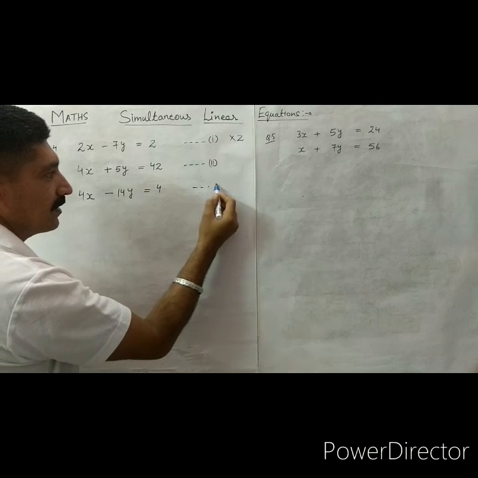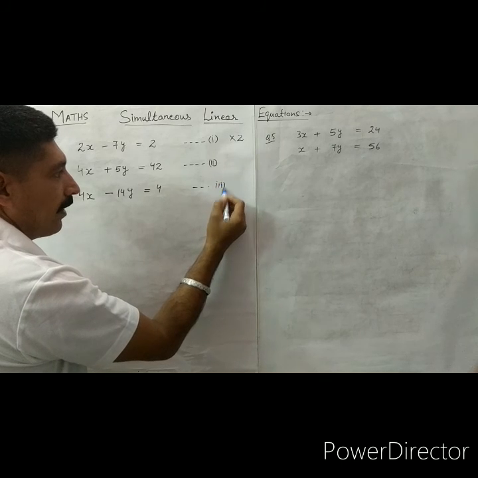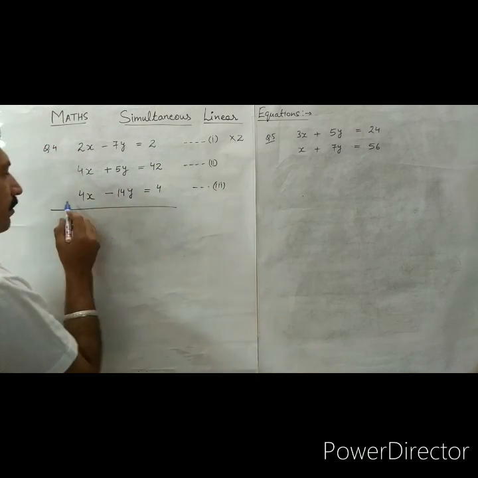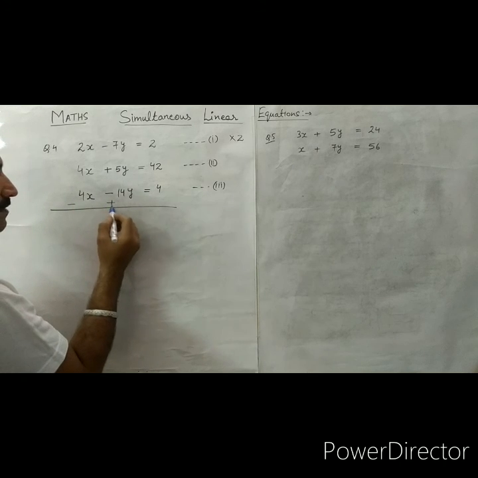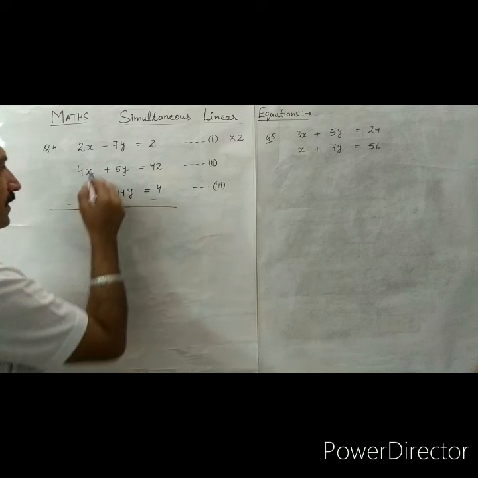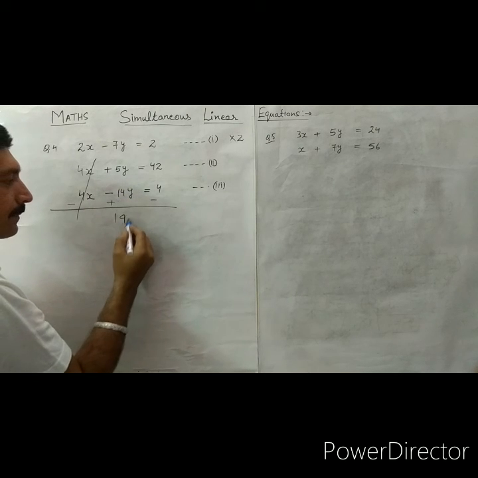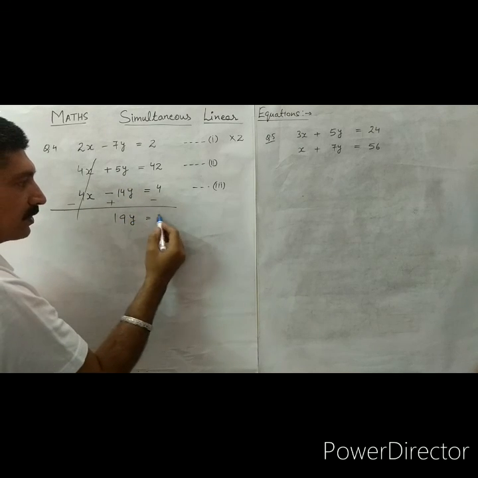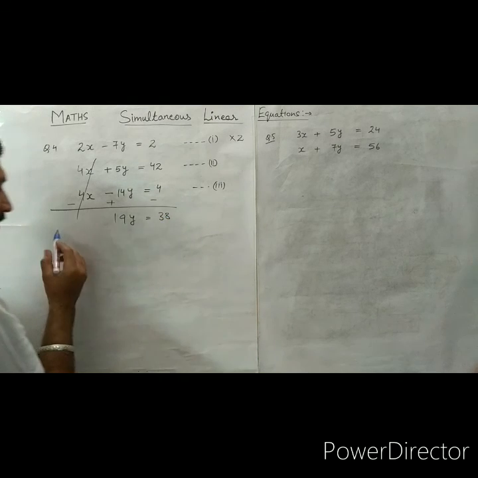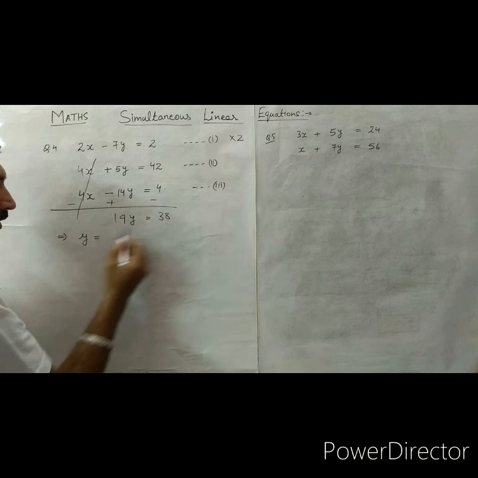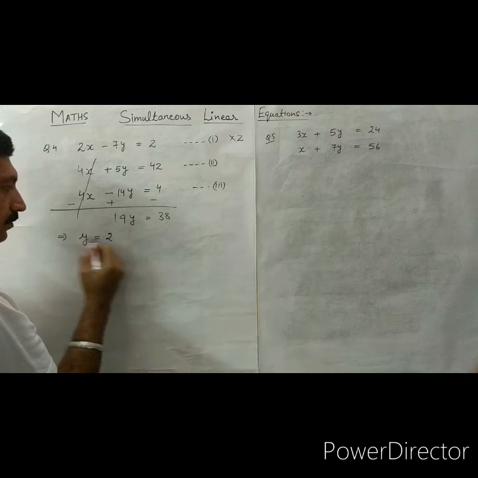That is equation number 3 here. Now subtracting 3 from 2, minus here, minus will be plus, minus here. So we have 19y is equal to 38, or this implies that y is equal to 2.